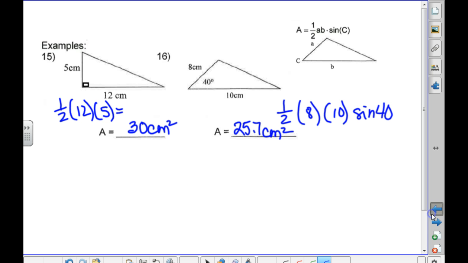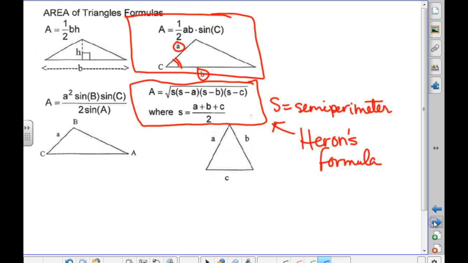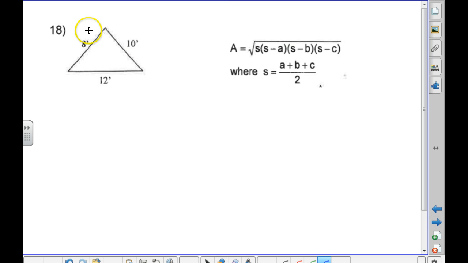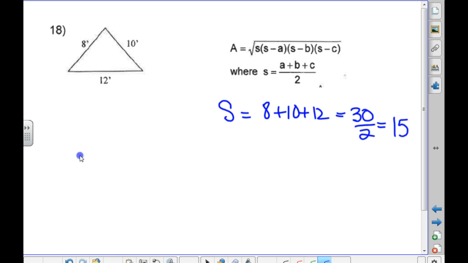I'm going to skip number 17 for today. We're going to talk about this one tomorrow. I never use this big icky formula because I've never memorized it. I always just use law of sines to find this side over here and then use this, but we'll do that one tomorrow. I want to talk one time through Heron's formula. The semi-perimeter is halfway around. So if you add these up, you get 30, is that right? Divide it by 2, so the semi-perimeter is 15.